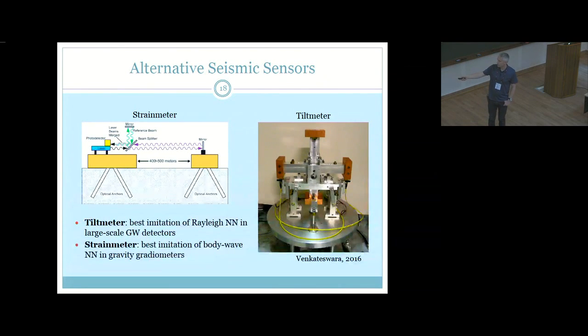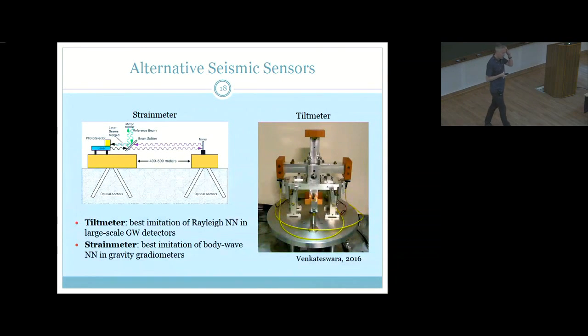And the strain meter has a similar role as a tilt meter has for surface. So the tilt meter is the best imitation of Rayleigh Newtonian noise in large-scale gravitational wave detectors, while the strain meter is the best imitation of body wave Newtonian noise in gravity gradiometers.